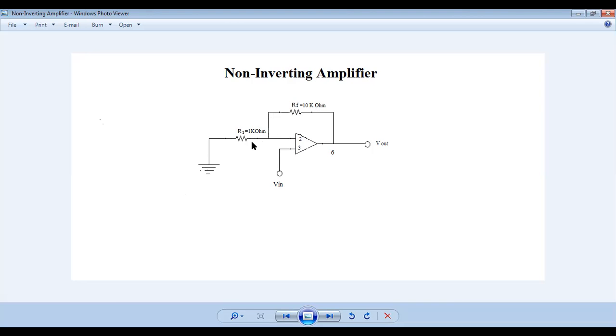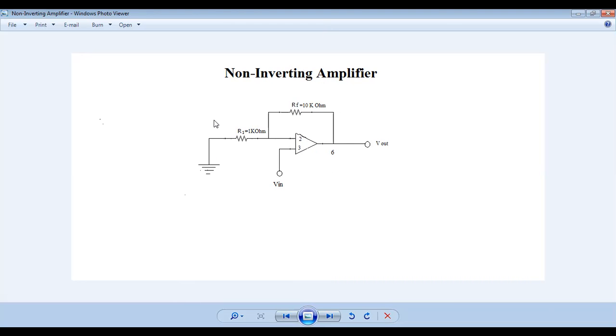So we connect these two resistances to the sixth number pin, which we know is our output pin. We connect these two resistances in this manner. So this is the circuit diagram for the non-inverting amplifier.